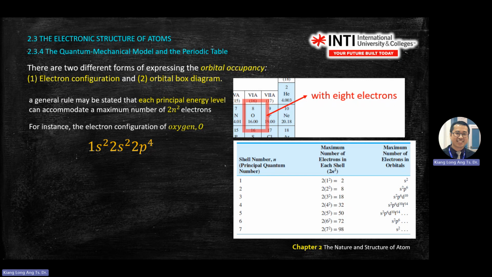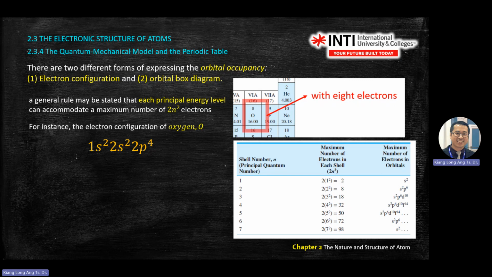What does it mean? 0 means s, p, d, f is 0, 1, 2, 3. So here you only have s, here you have s, p, and here you have s, p, d.